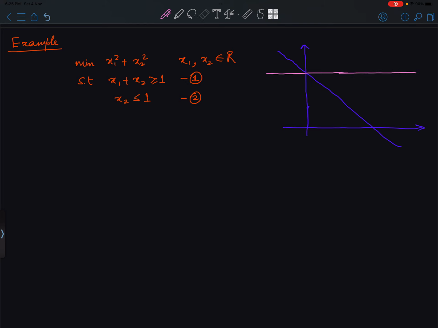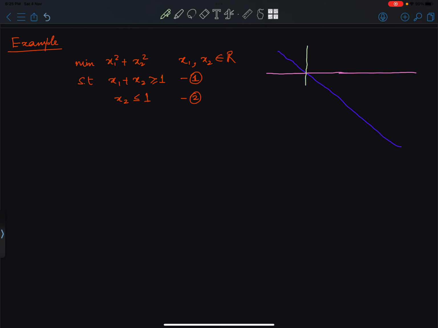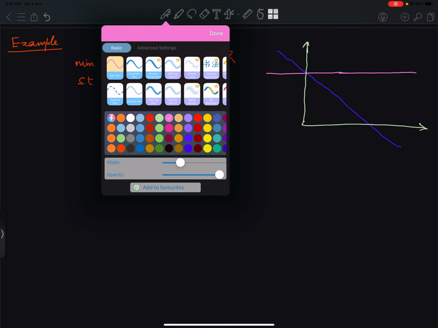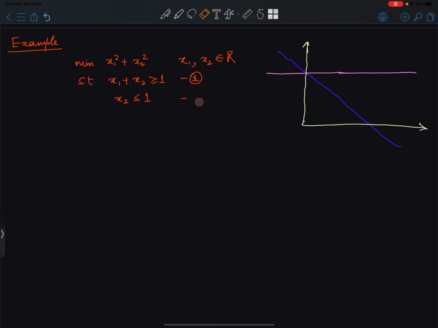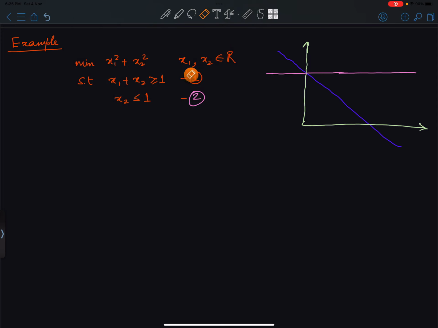Maybe I'll make the axis with some other color. Let's use the green color, which we are using till now. This is constraint number 2, and this is constraint number 1.